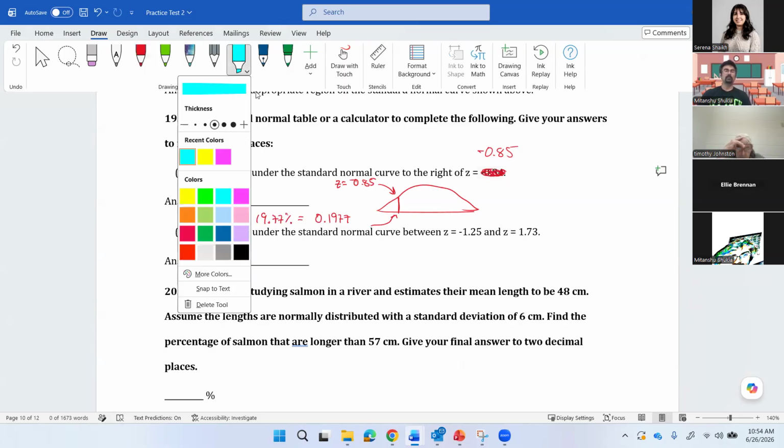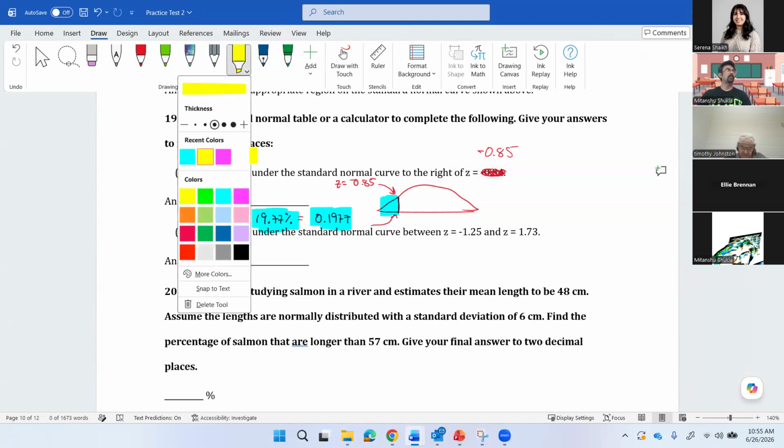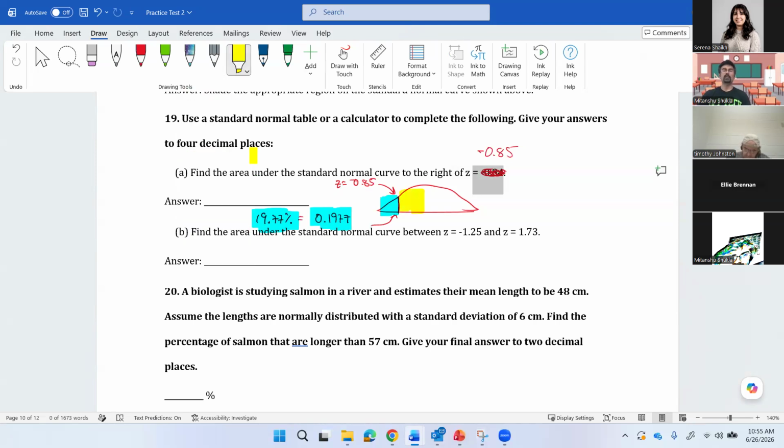And what does that mean? That means that this area to the left of that is the 19.77%. But they don't want that, do they? They want stuff to the right of that.